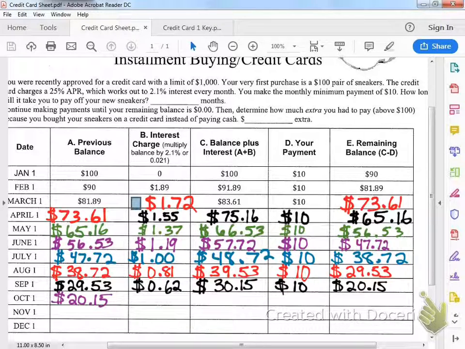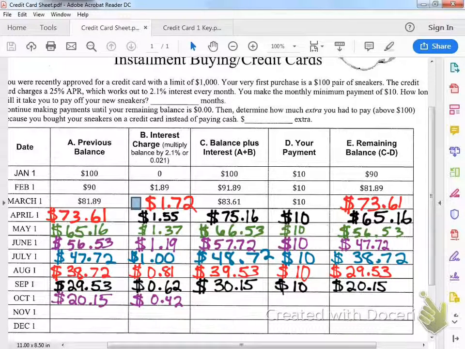All right, so we're getting charged another 2.1%. So how much is that? 0.42. So 42 cents. Good.